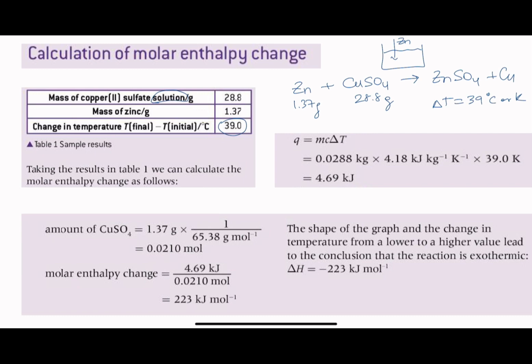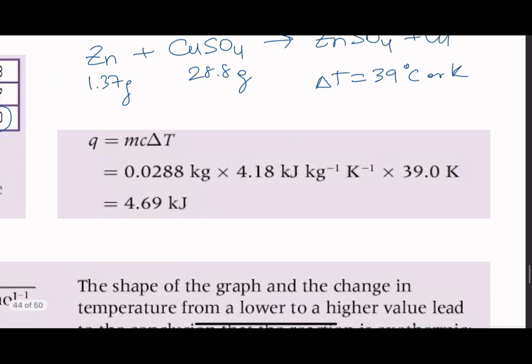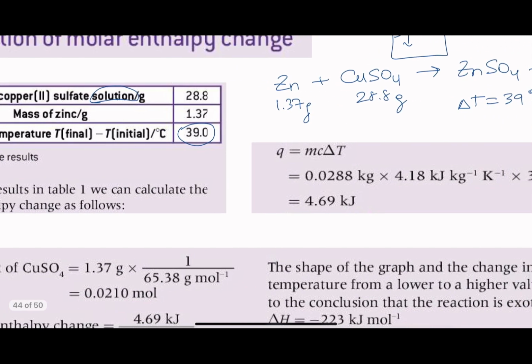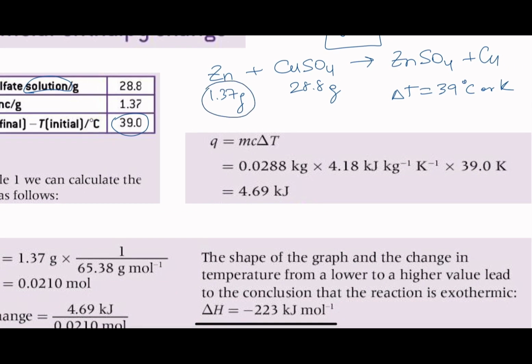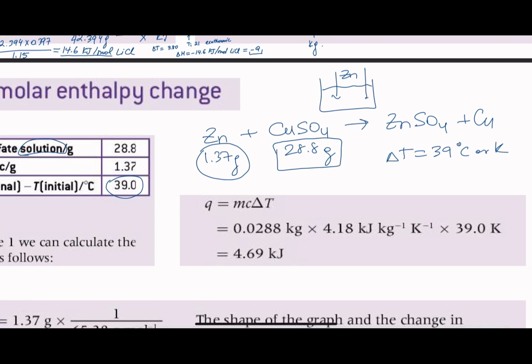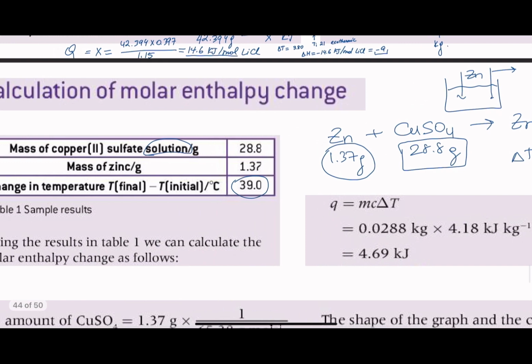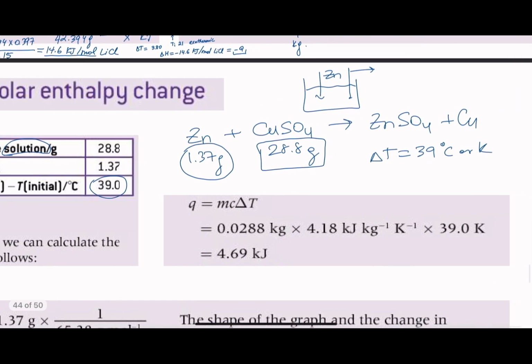And taking the result, we can calculate the molar enthalpy. So it is asking us to find the molar enthalpy, but the way we do it, we're going to find it according to the molar enthalpy of this, because the temperature is raised for this. The copper sulfate's temperature went from T initial to final, above by 39 degrees Celsius, right? So this is a copper sulfate solution.